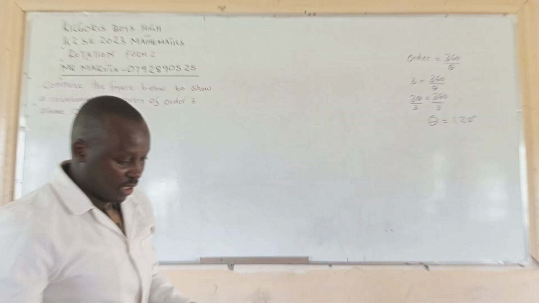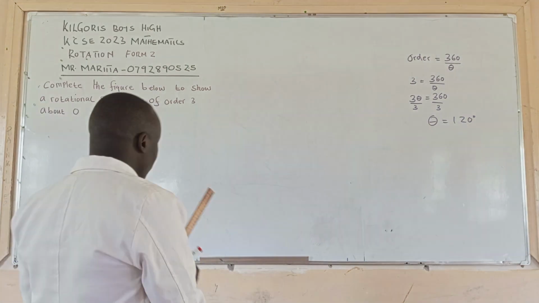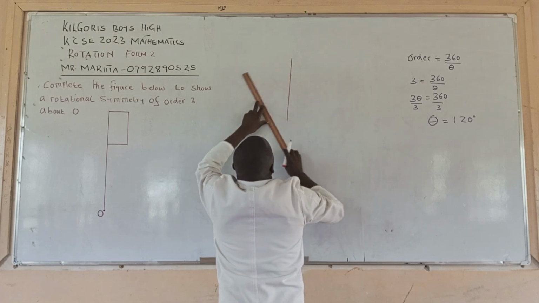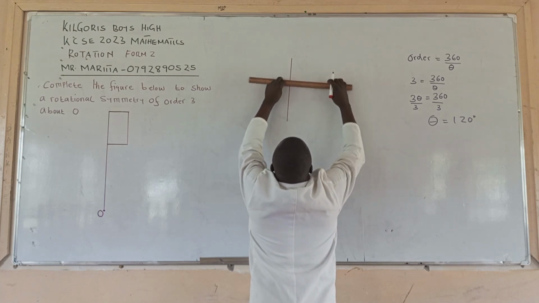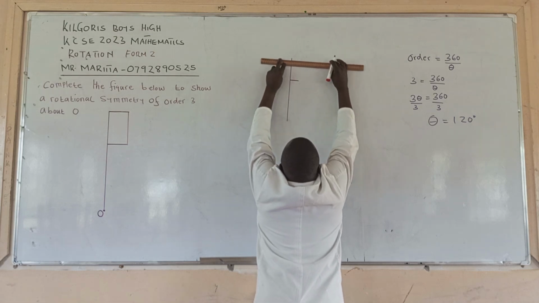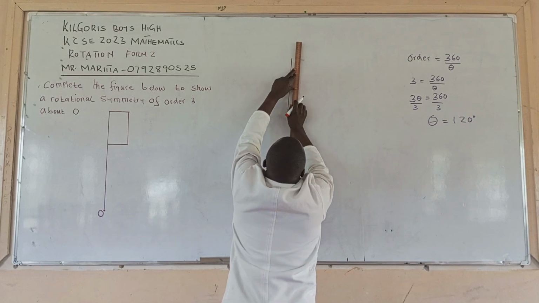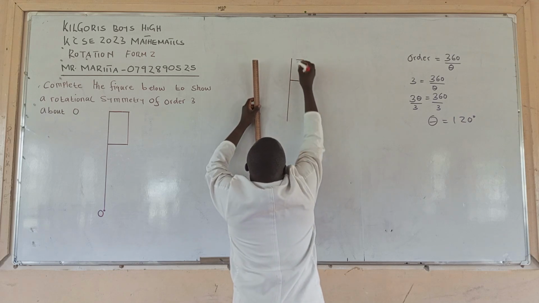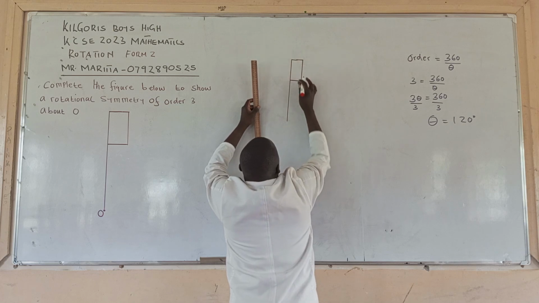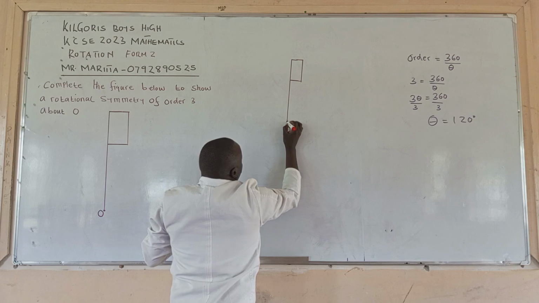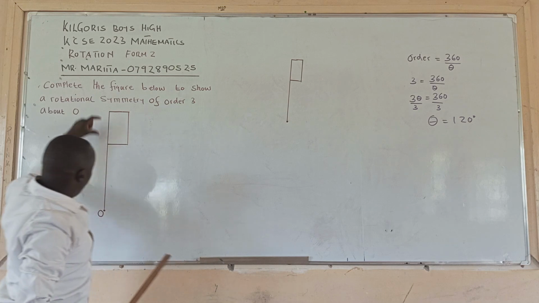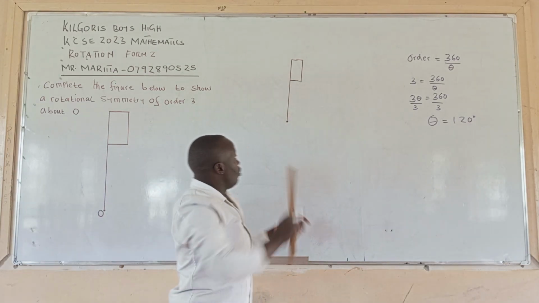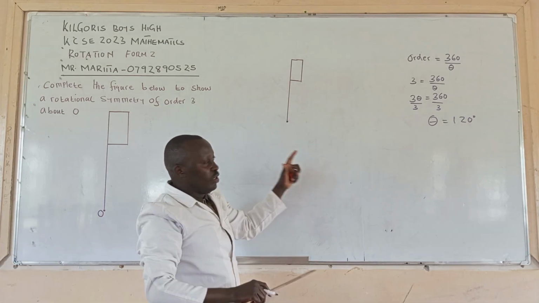Now rotate the figure of order 3. I have drawn the original figure, which is about O. From here we move in the clockwise direction, rotating by 120 degrees, following order 3.